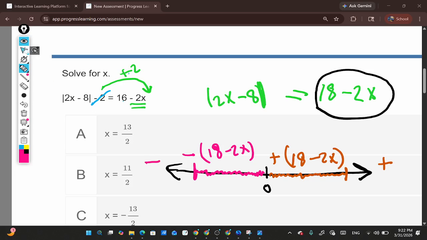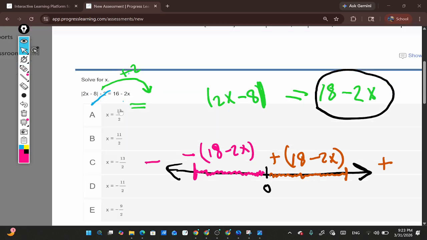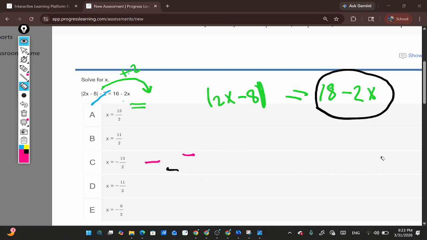So to solve this problem, we can say something like this. I don't need this number line now. So what I have is something like this: 2x minus 8 equal to 18 minus 2x as positive, as we said.